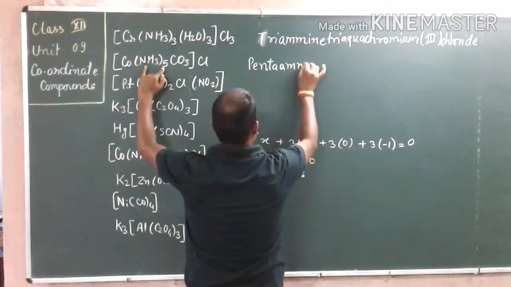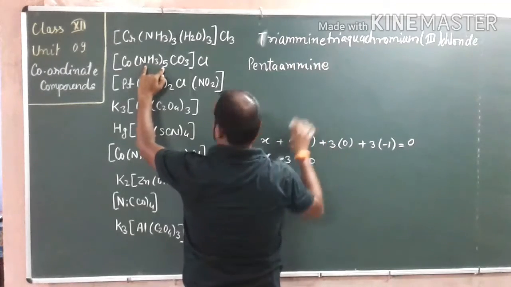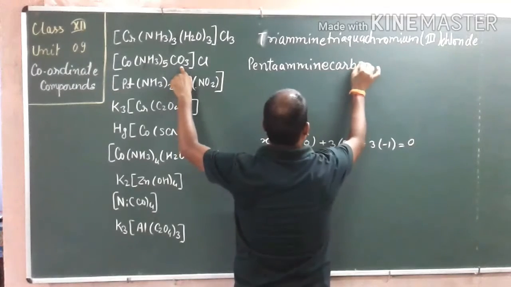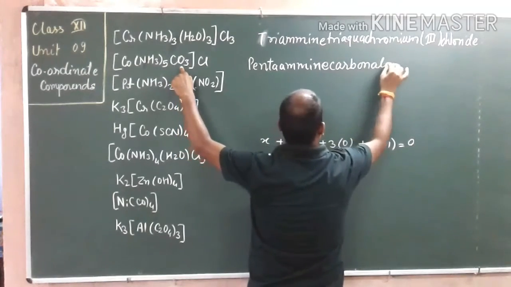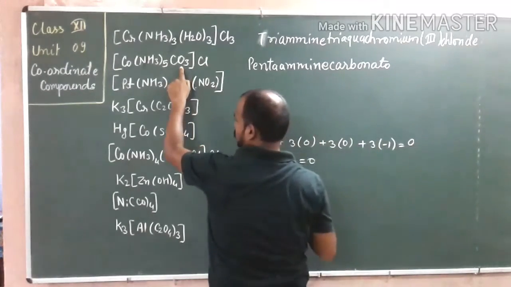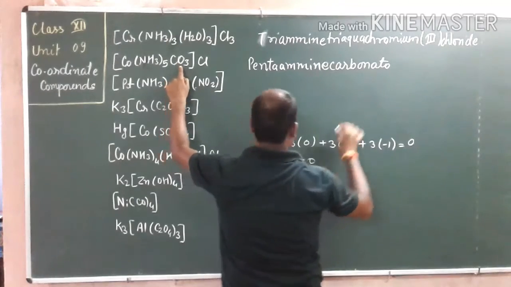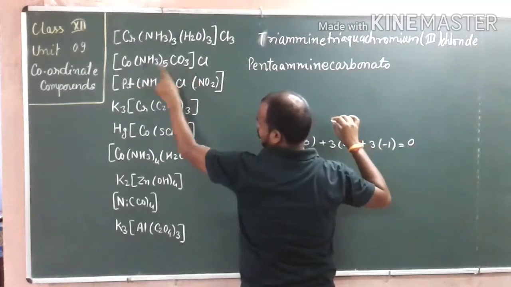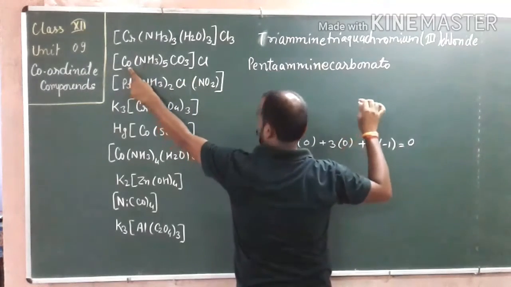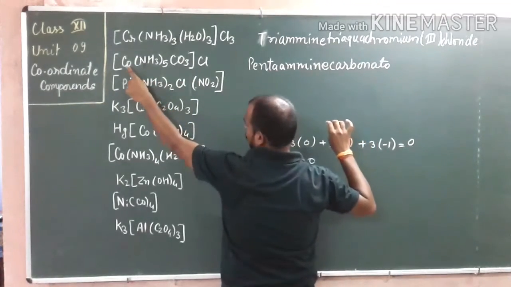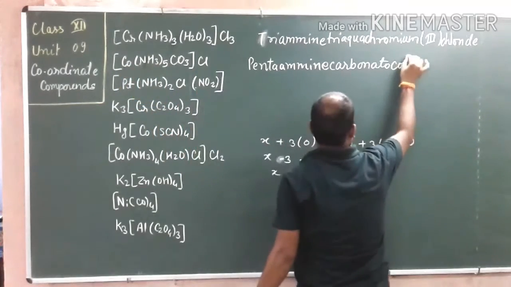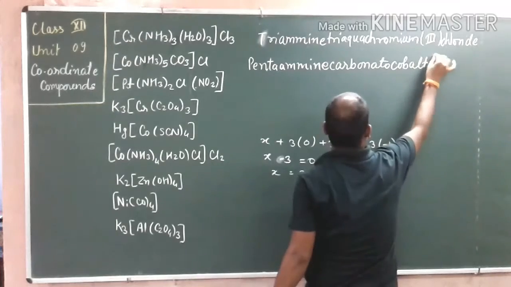Then pentaamine. CO3 is carbonato. After carbonato, since the ligands are complete, now come to the metal. Is there any change in the name of the metal? No, because it is a cation. So Co is as it is, cobalt.